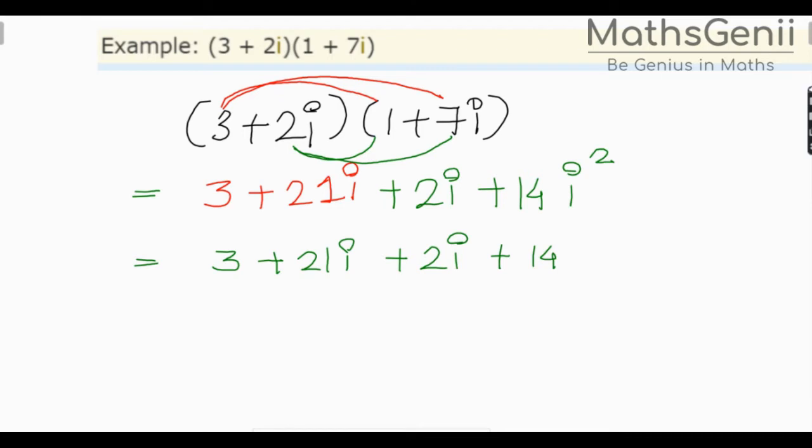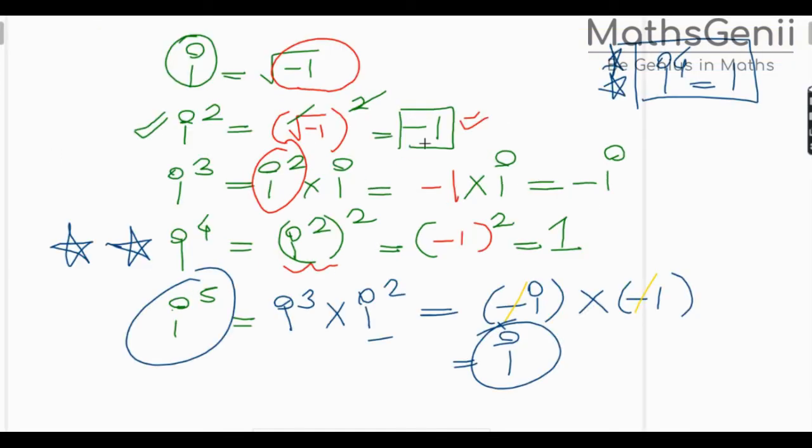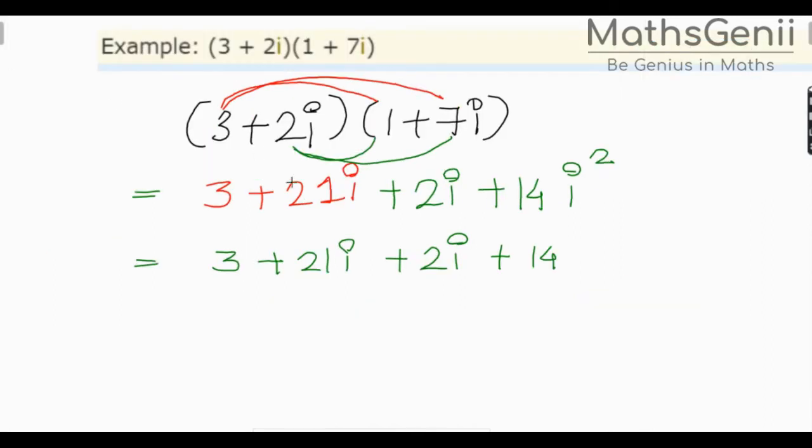Students, what was the value of i square? Go back to the table. What was the value of i square? Minus 1. So instead of i square, can I write minus 1? Instead of i square, I've written minus 1.